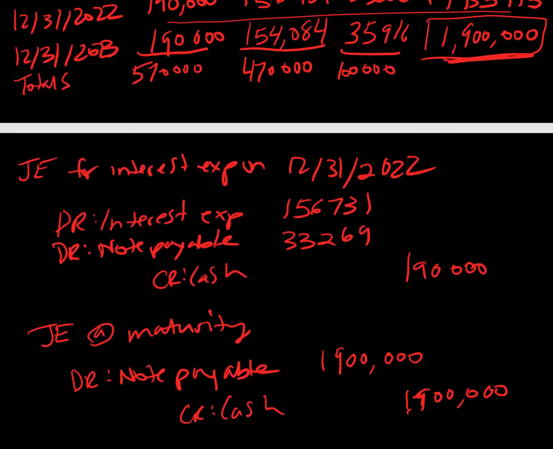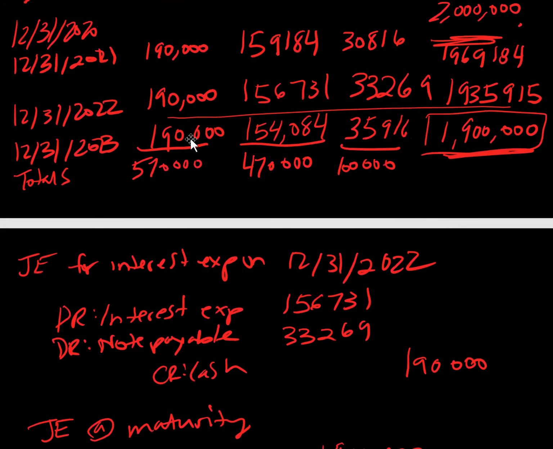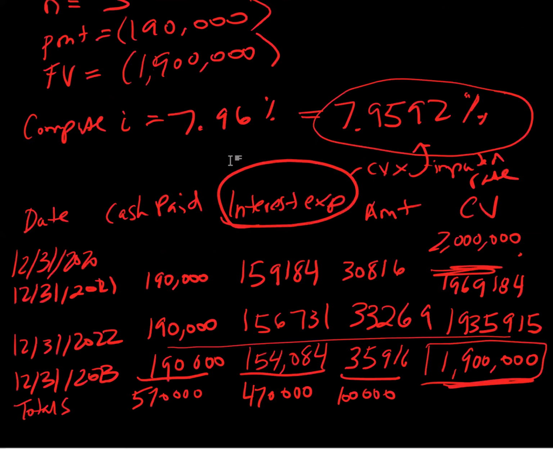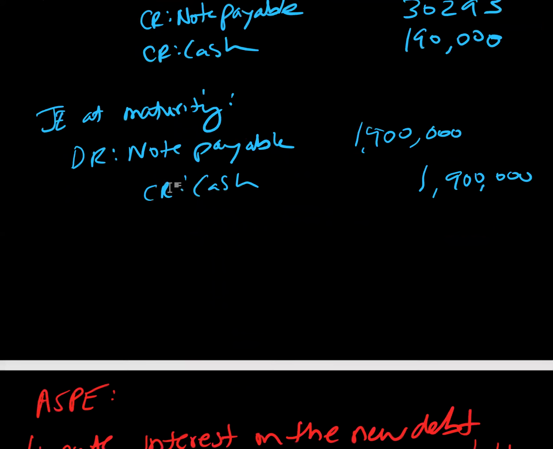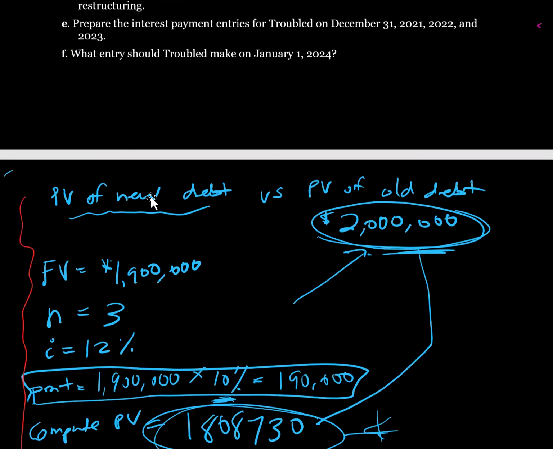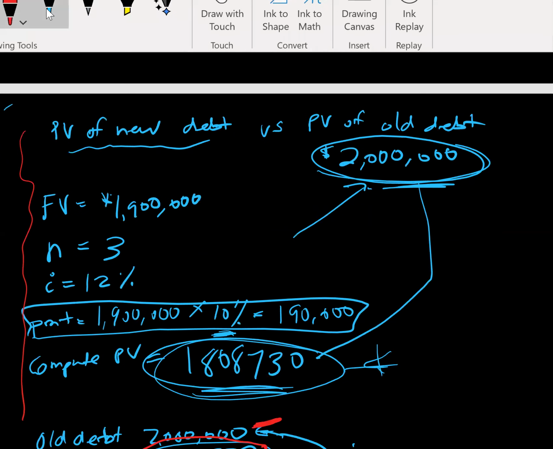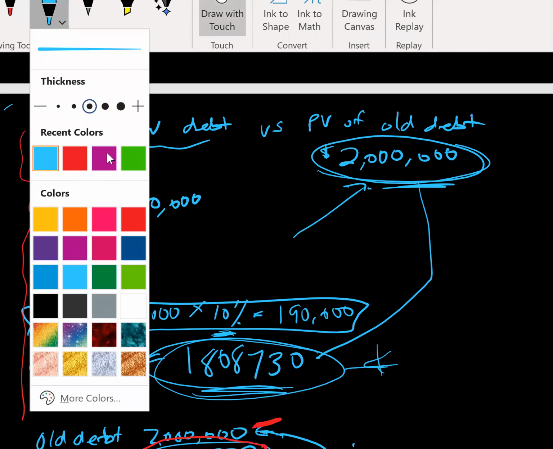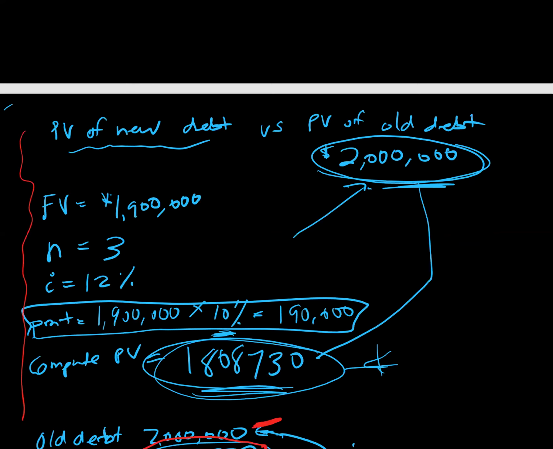Okay, let's pause here and let's talk about the differences between debt modification accounting for IFRS and ASPE. Okay, so let's change my color. Either way, whether we're accounting for debt modification under IFRS or ASPE, the first thing we need to do is figure out whether we've hit this 10% threshold or not.